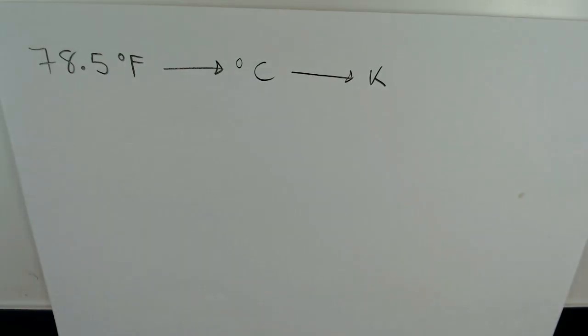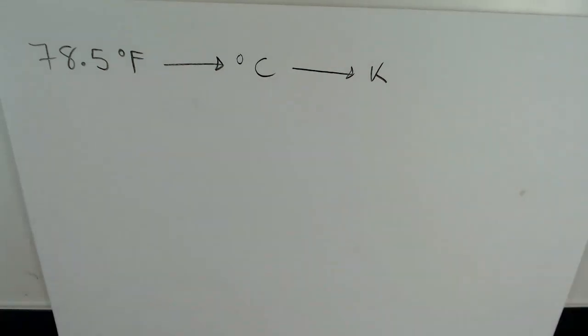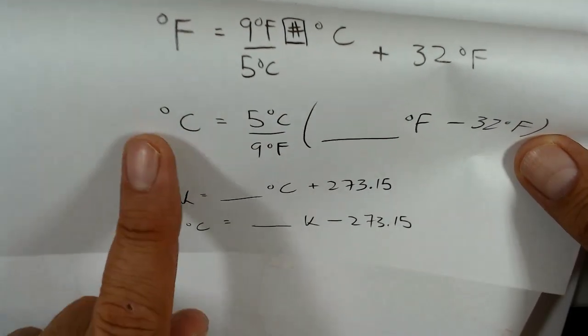Okay, so now we need to decide which form of the equation we're going to use. I gave you 2 different versions. One was 9 over 5. The other one was 5 over 9. Which one do we use? We're going to be using this one, because we want to figure out what degree C is.